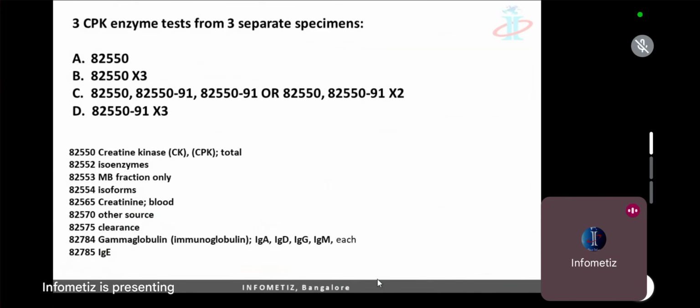How will you code this question? Scenario: 3 CPK enzyme tests performed with 3 separate specimens. A, B, C, or D? The code is the same. Look there and give me the answer.